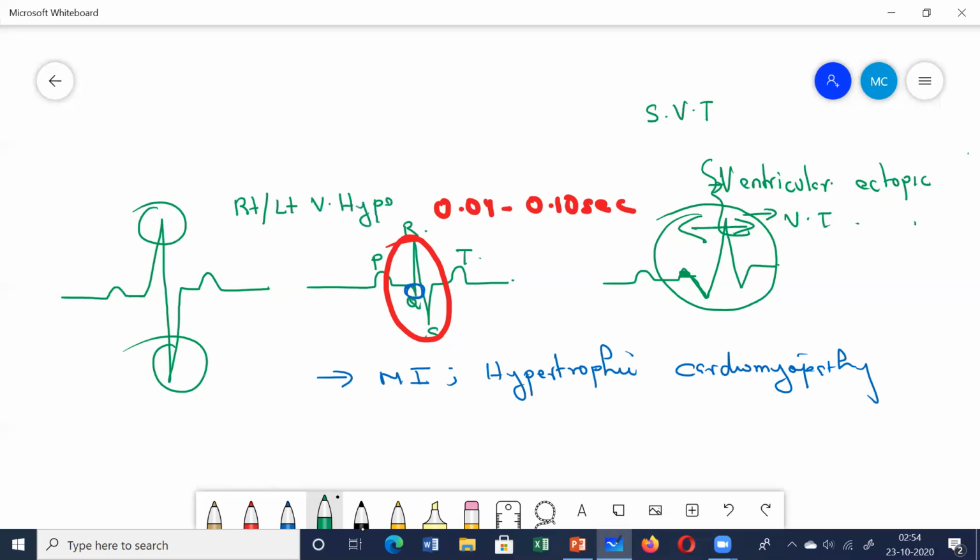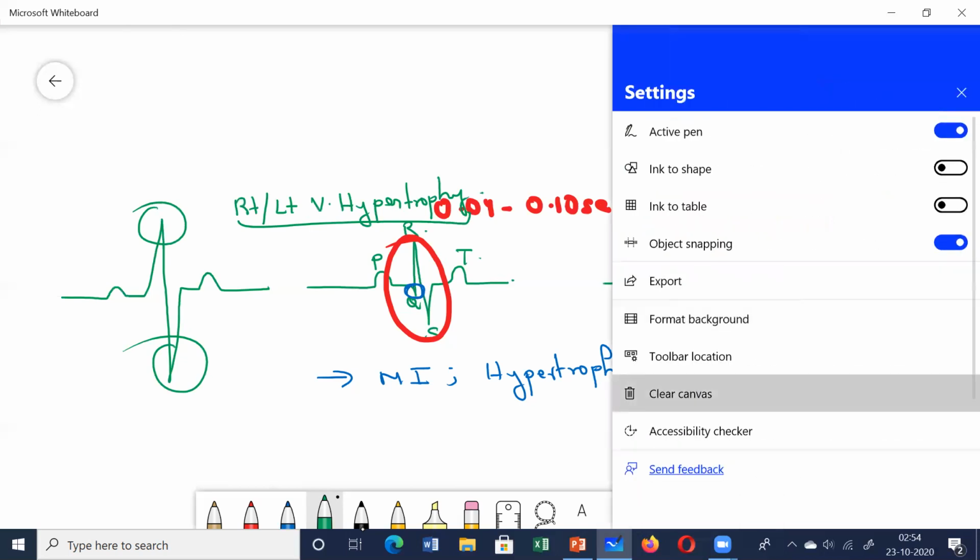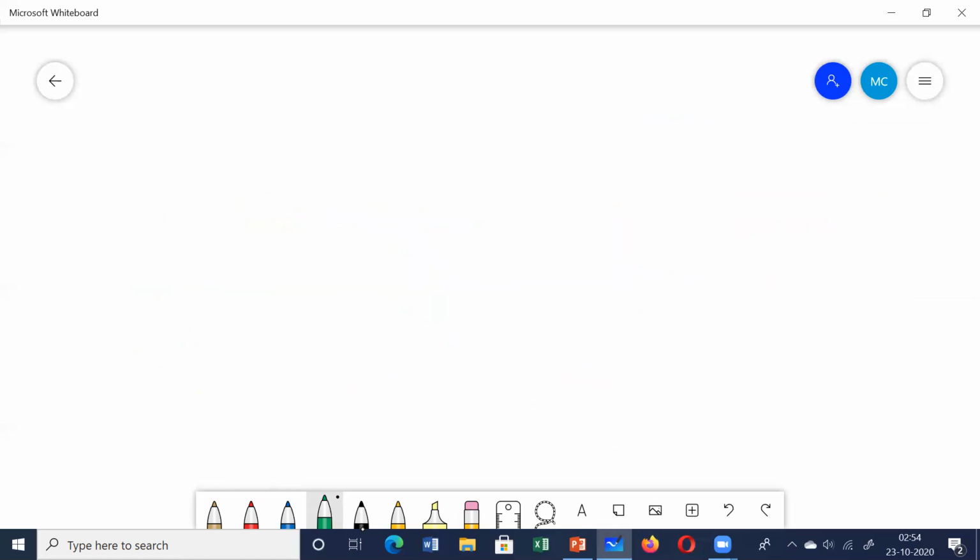There are some criteria which have to be fulfilled, so let me tell you the criteria now. What is the criteria of left ventricular hypertrophy and of right ventricular hypertrophy? By looking at the QRS complex, how can you say whether the right ventricle or the left ventricle has hypertrophied, or is it normal?